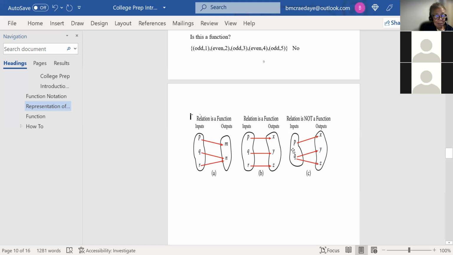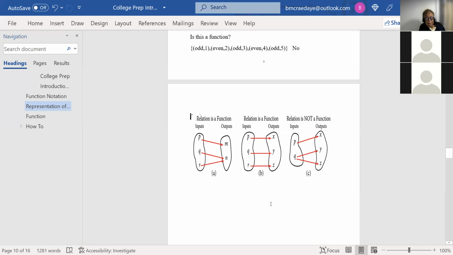What about this one? The reason this one is not a function is because P input maps to X, but Q here is mapping to two outputs. That means it's not a function. Q is mapping to Y and Q is mapping to Z. Remember, I told you it's only a one-to-one relationship. Q to Y, Q to Z. Questions?